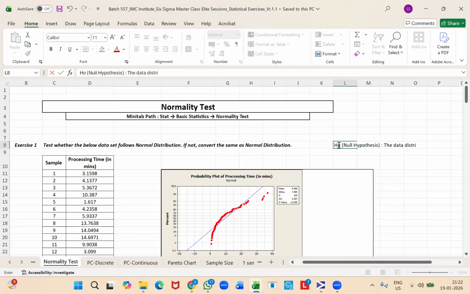Data distribution is... yes, please, just make an attempt. What will be the null hypothesis for normality test? The data distribution is normal. Exactly. The data distribution is normal.